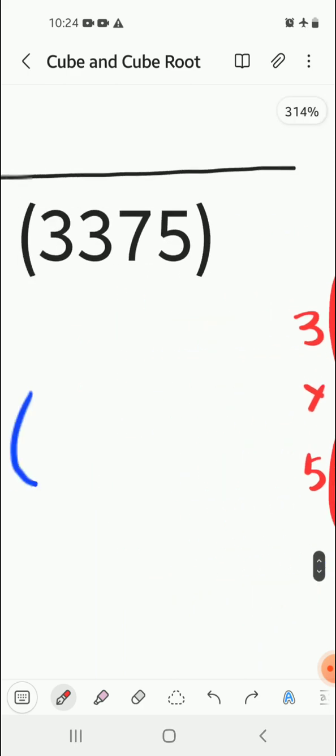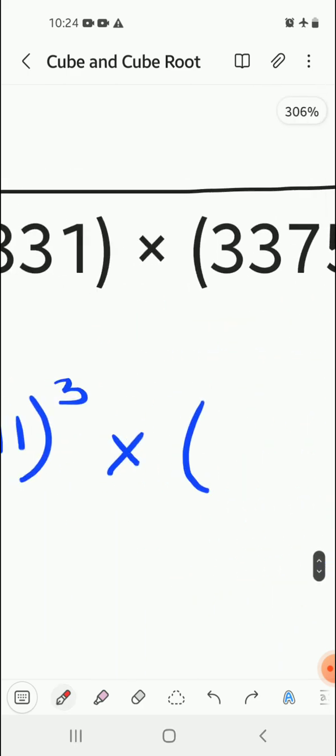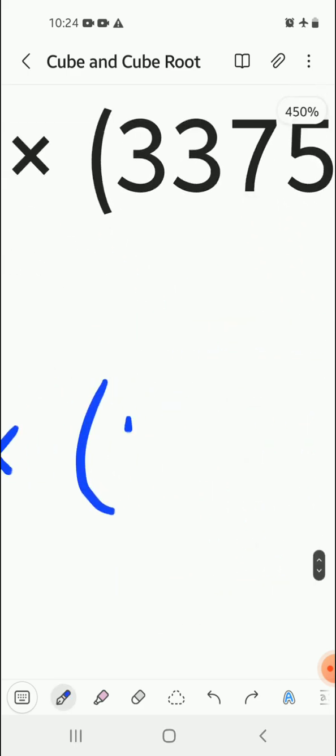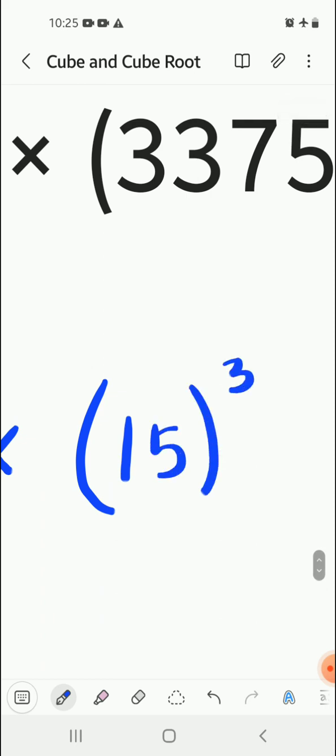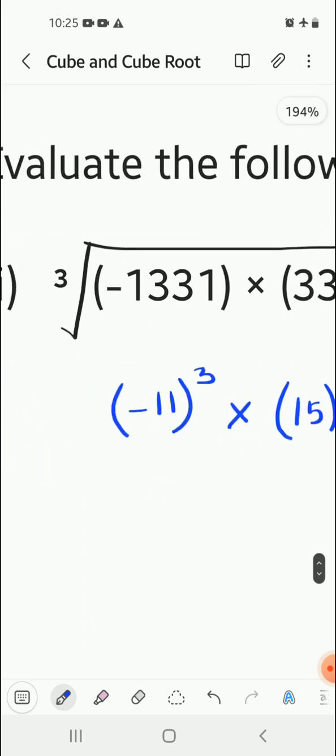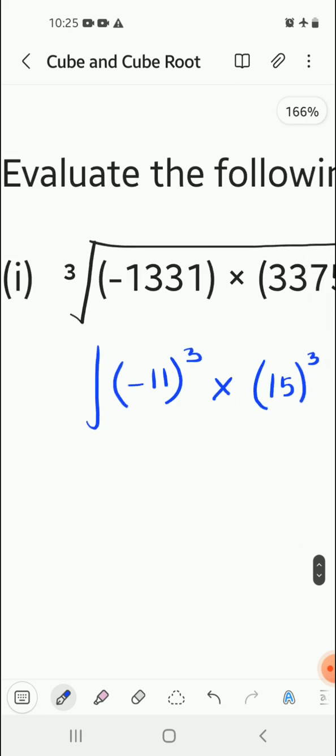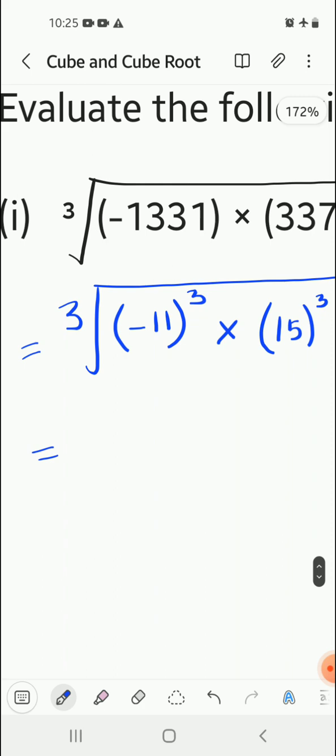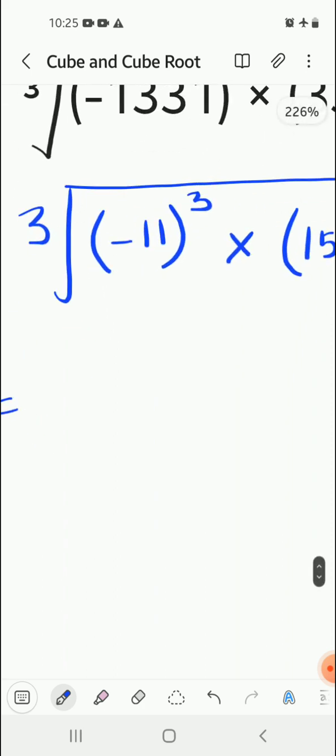Now, once we have got it, we are going to continue with this question, that is minus 11 cube into 15 cube, and we have to find the cube root of the number. Once we have reached this point, we will use the law of indices or exponents to solve it.